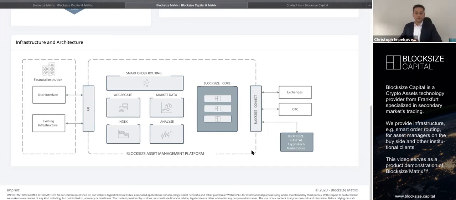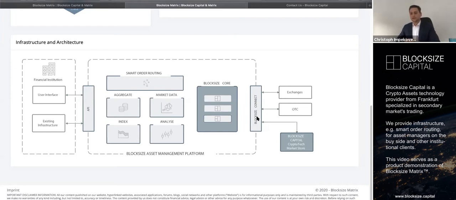And within our platform, you can see two further important things. On the other end of the spectrum, we connected several liquidity providers like exchanges, dark pools, OTC desks, etc., and unify them with their different data formats and different APIs, which for instance also contain WebSockets, and connect them into a unified layer, which is called Blocksize Connect, right?